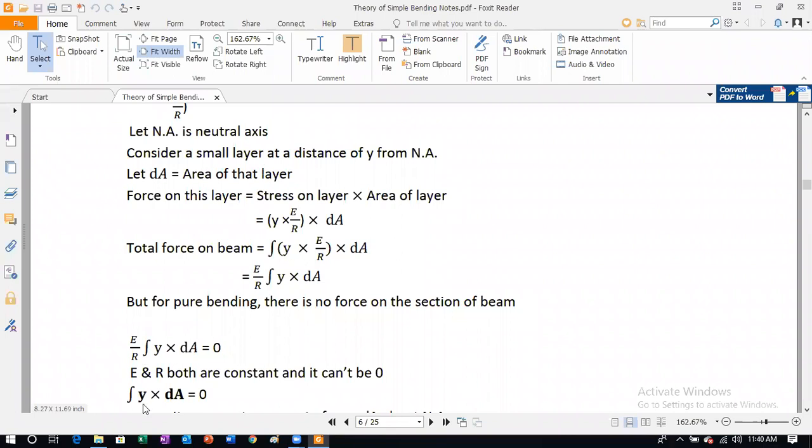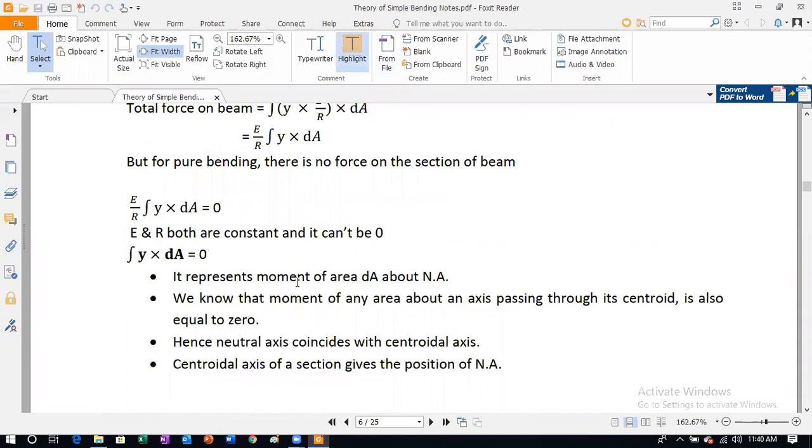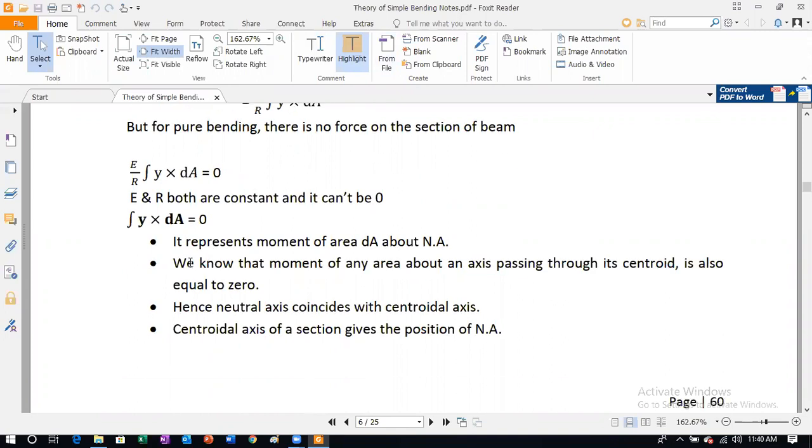From here, integration of y multiplied by dA is equal to 0. It represents the moment of area dA about the neutral axis.